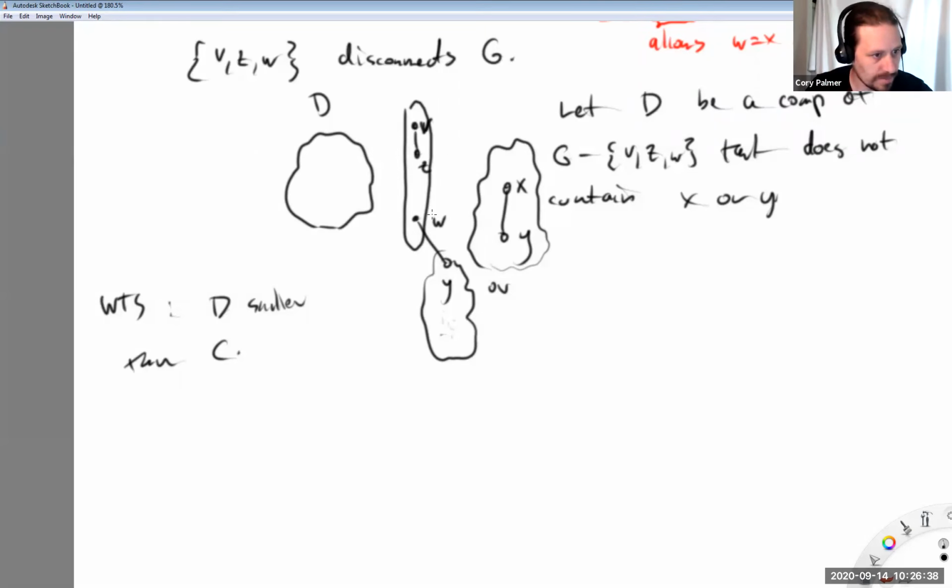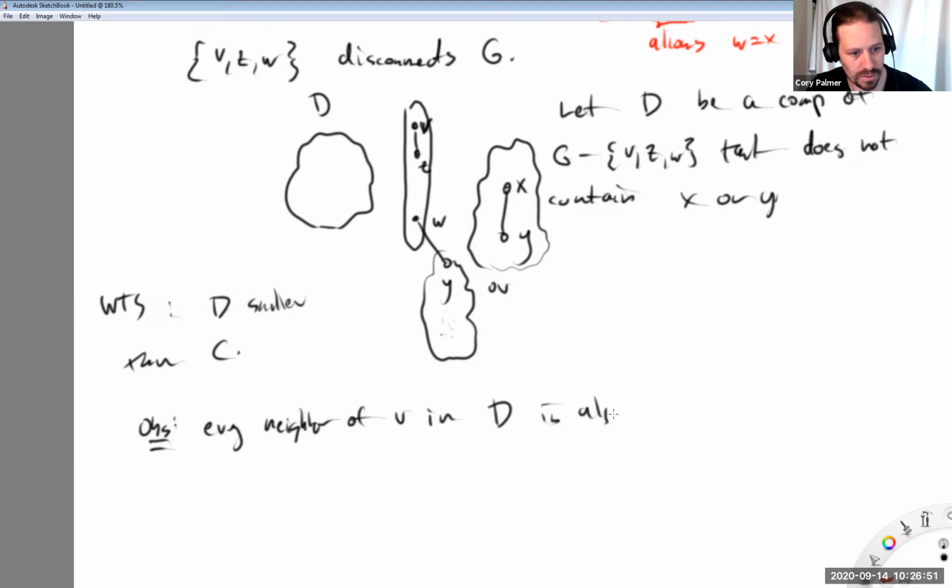Okay, so why is that smaller? Let's observe that every neighbor of V in D is also a vertex in C. You can think of C as a component in some disconnected graph, but it's also just a set of vertices.